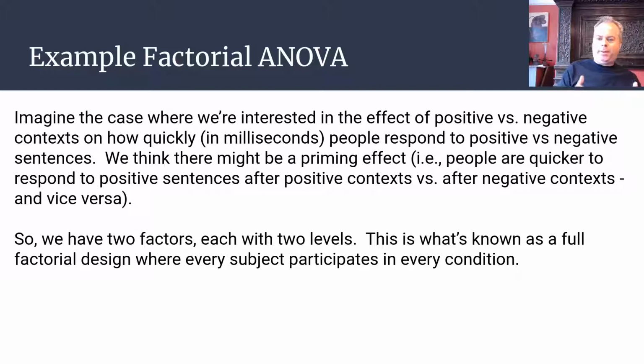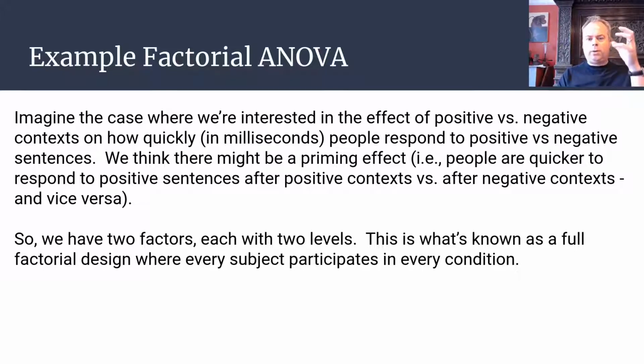So let's think about this in terms of our design. So we've got two factors. We've got our context factor and we've got our sentence factor. And each of those factors has got two levels. Our contexts could be positive versus negative, and our sentences could be positive versus negative. So this is a fully factorial design where every participant participates in every condition.